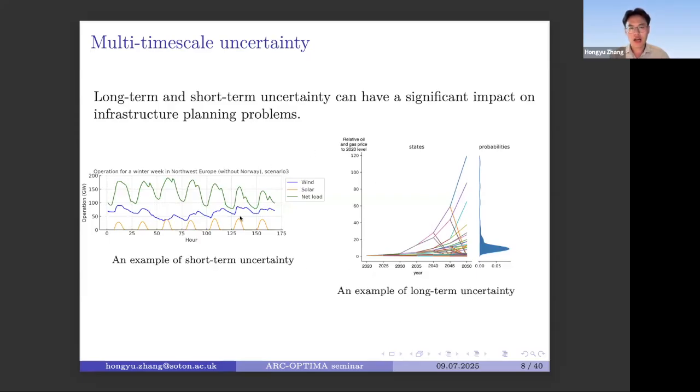So we need to capture the uncertainty from both time horizons. And I think fairly efficiently, because it's not hard to find that the model can easily explode in size if you want to capture the uncertainty from these two time horizons.